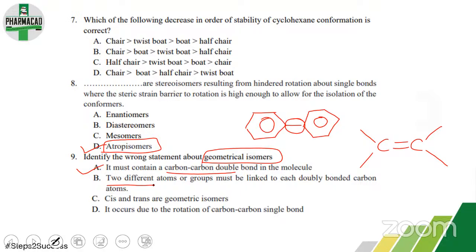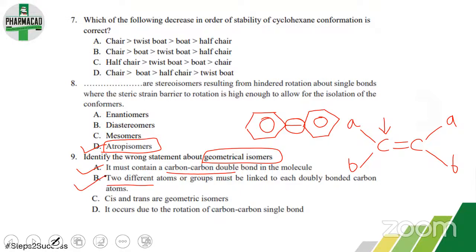It means if this carbon has A, then the other substituent should be B. It should not be A. If this carbon has A and B and this carbon has A and B, that is fine. But the same carbon should not have the same substituent. So this statement is also true.